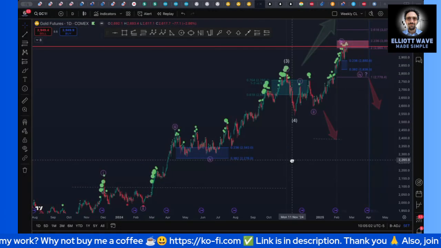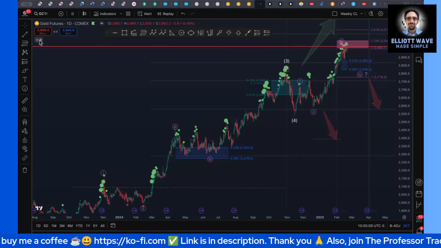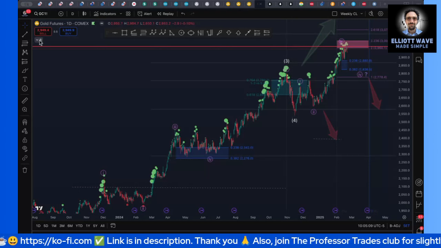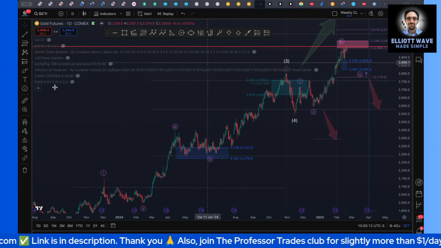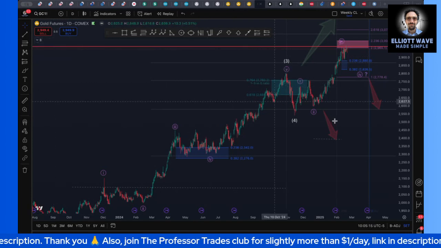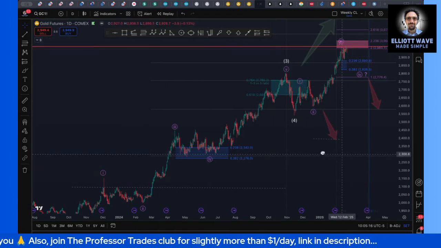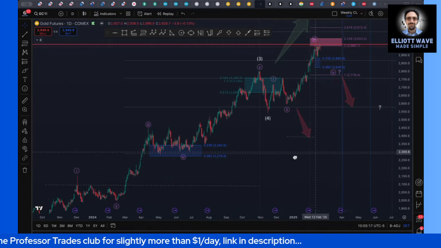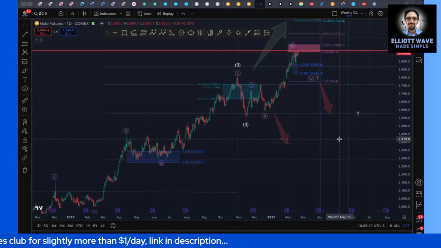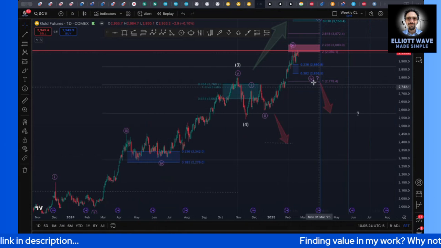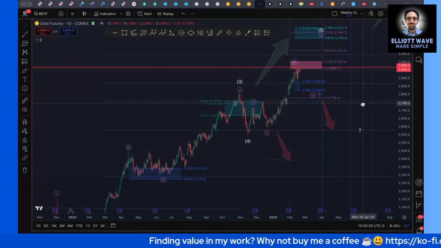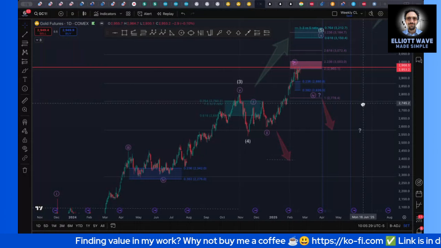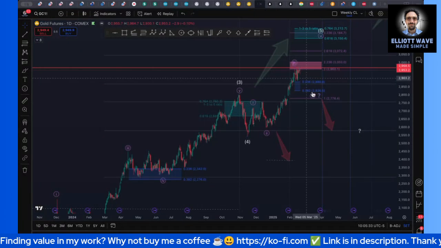of whatever degree. So now look, I just popped out to the daily on the continuous because I just wanted to show you this count on the daily. So, you know, this is very reasonable that we're going to come down lower in this degree wave 4 before we finally get the final shove up, which I'm going to move all this stuff further over to the right because this is going to take more time if this comes down.